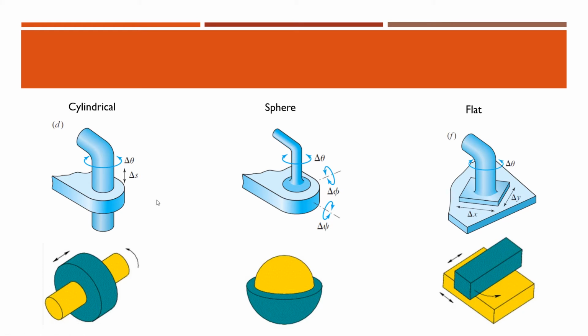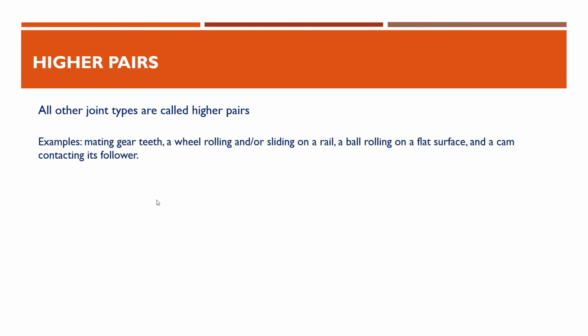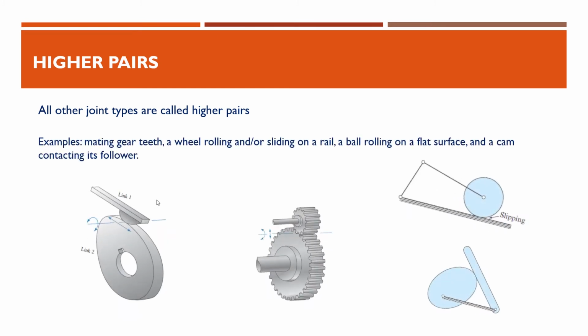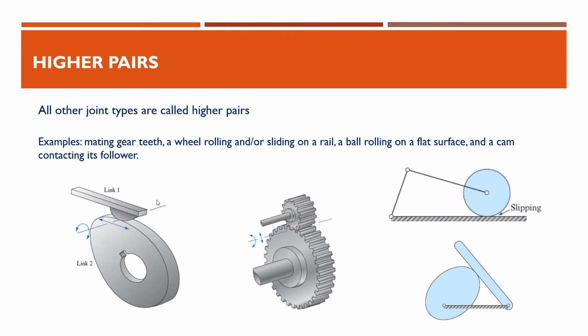Now all the other pairs you encounter in engineering practice come under the higher pairs. Higher pair means all the other joint types. Examples include mating teeth, a wheel rolling or sliding on a rail, a ball rolling on a flat surface, a cam connecting its follower. Here it has a point contact.